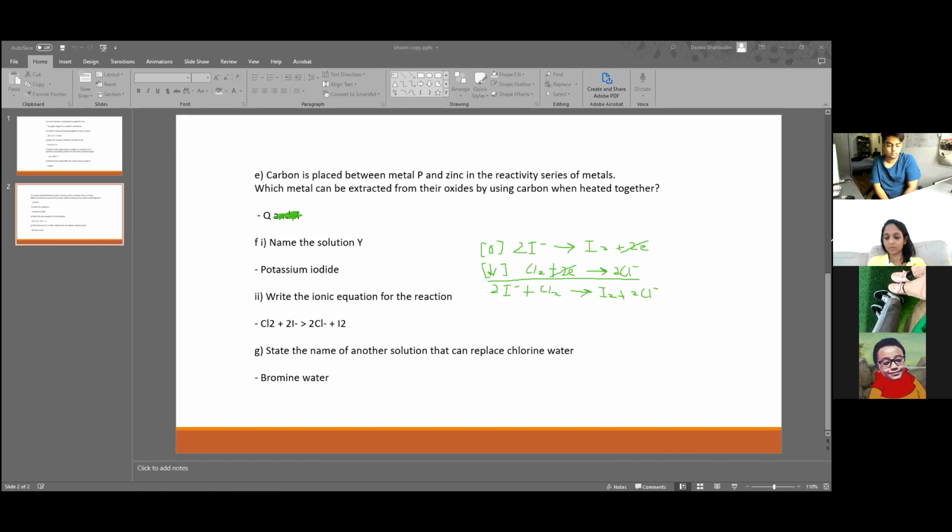There are three halogens that can displace iodide, which is fluorine, chlorine, and bromine. We already use chlorine, that only left us with bromine and fluorine. So you can choose which one, either bromine or fluorine.